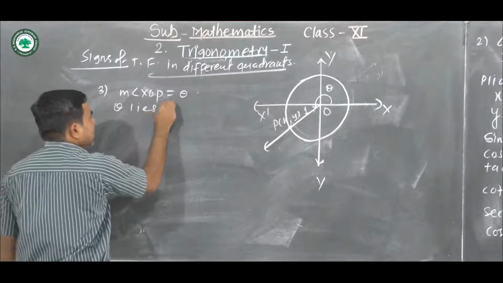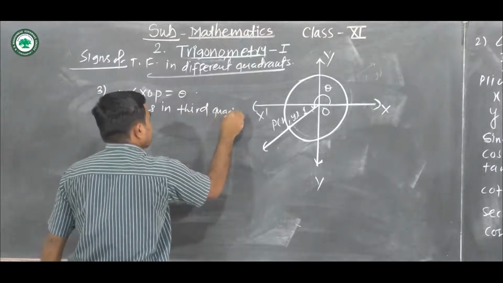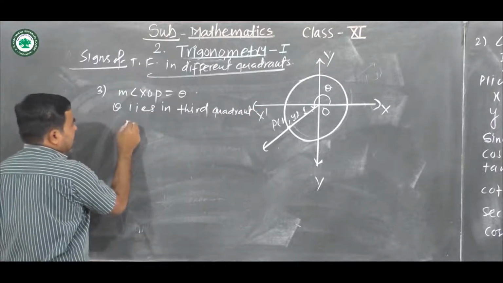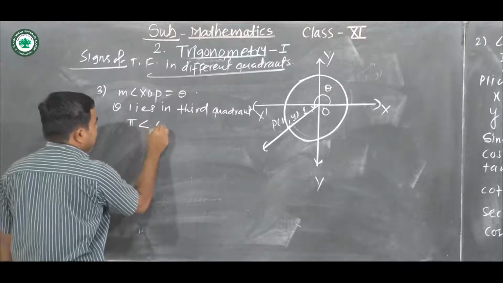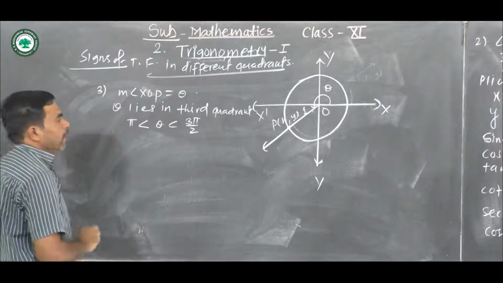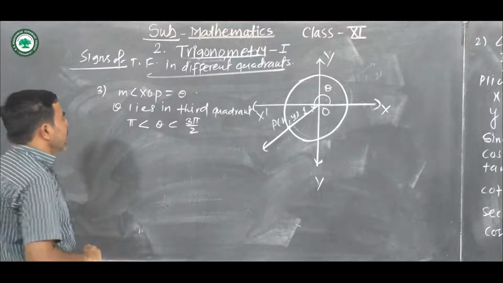Measure of angle XOP is equal to theta. Theta lies in third quadrant. You know that in third quadrant pi is less than theta is less than 3 pi by 2. Pi means 180, 3 pi by 2 means 270.